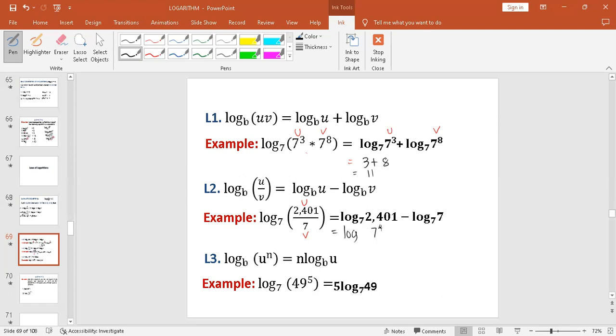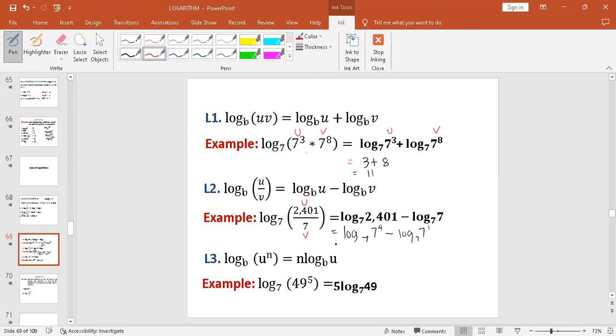Okay, 7 raised to 4 is equal to 2,401. Then copy the base. Okay, minus, yung log of 7 to the base 7, just copy. Kasi, kung mapapansin nyo class, may makukuha kayo dyan value. Pwede nang maka-apply dyan ng property. Because the exponent of this is 1.